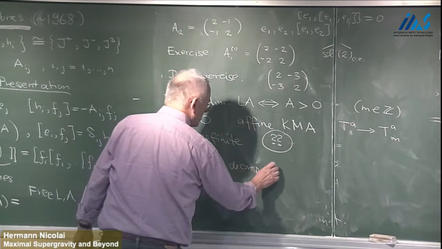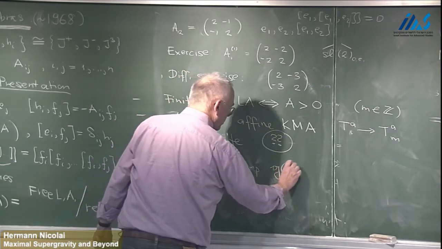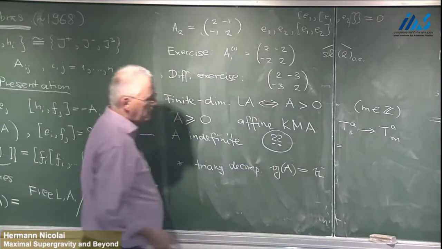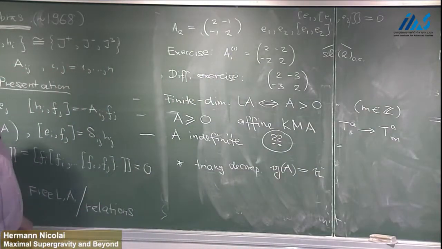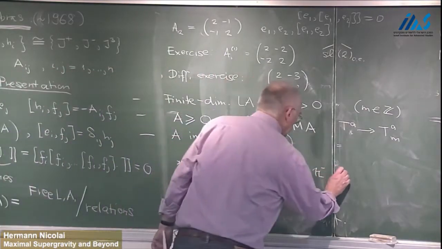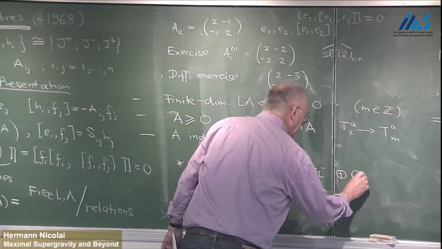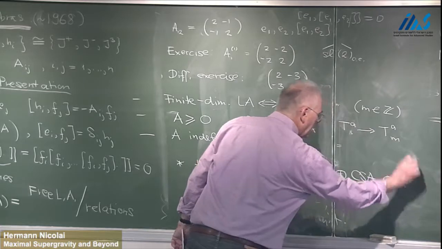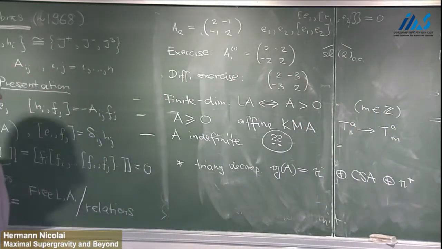It means that the algebra can be decomposed into a lower triangular part, think of this like matrices with entries only in the lower triangular half, plus the Cartan subalgebra, plus the upper triangular part.